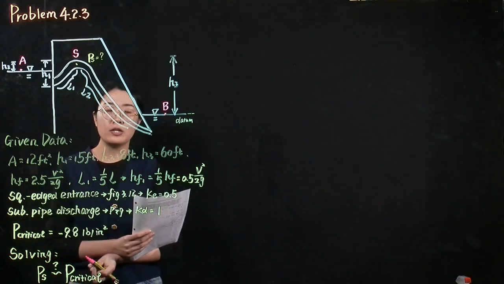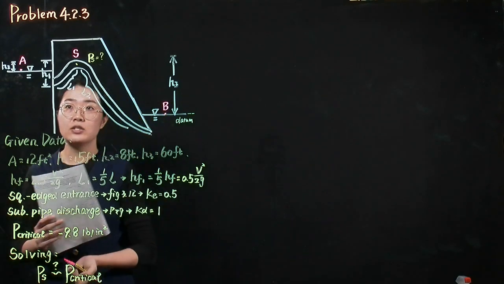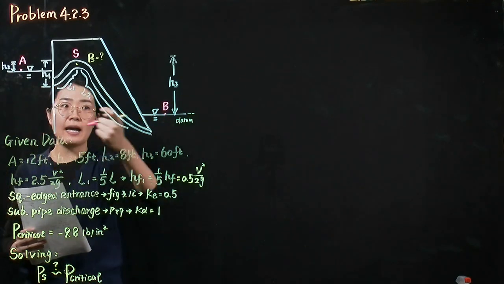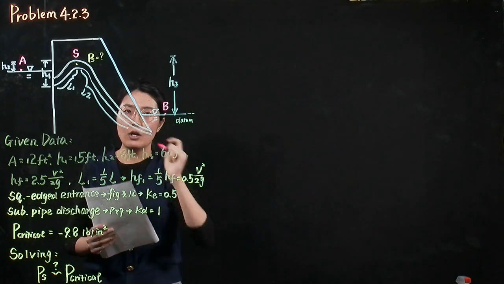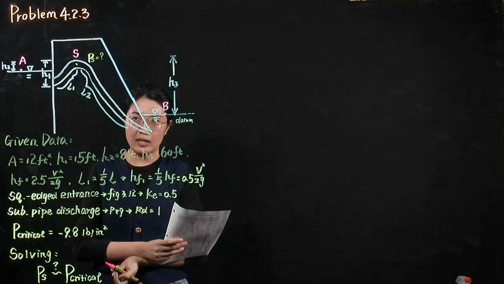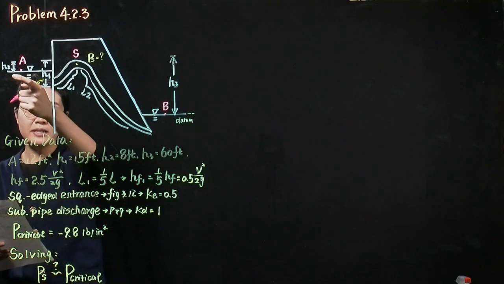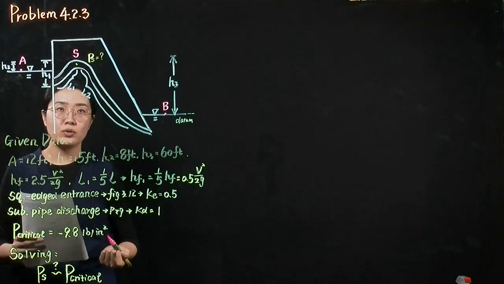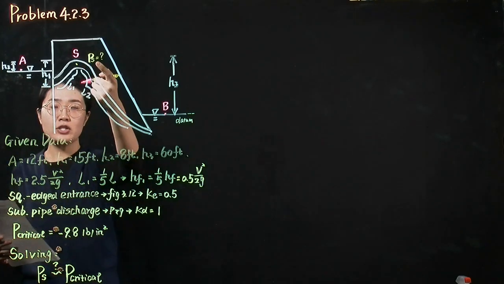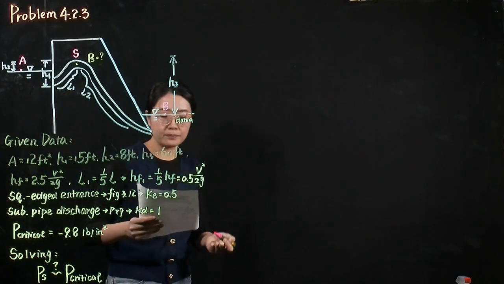So first we choose to write down the energy equation at point A and point B to calculate the velocity, and then use another energy equation at point A and S to solve the pressure at the summit.